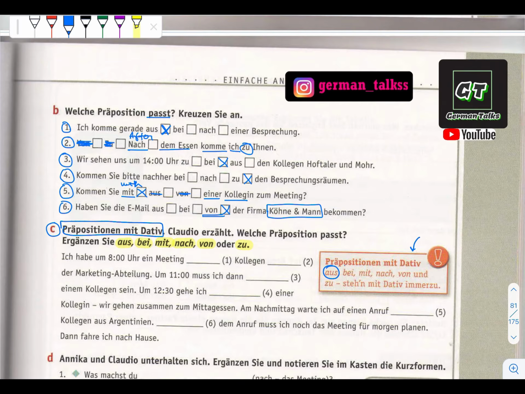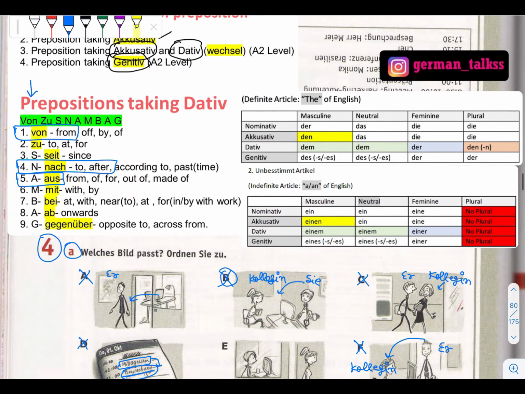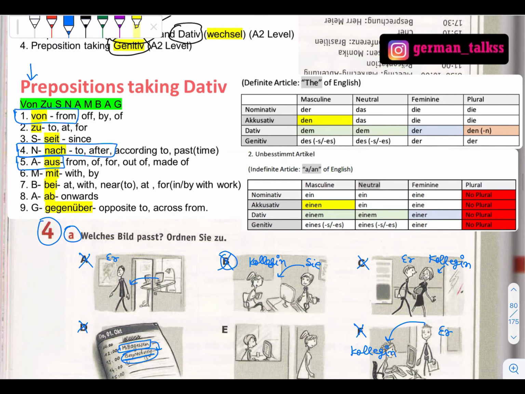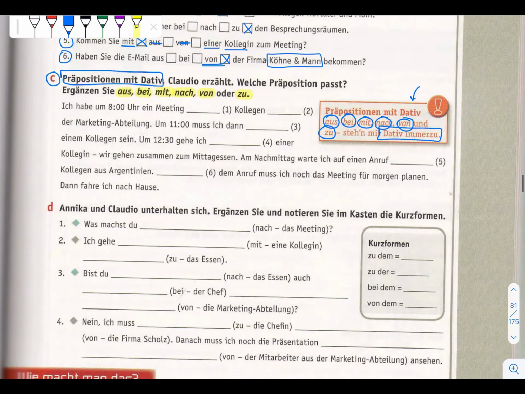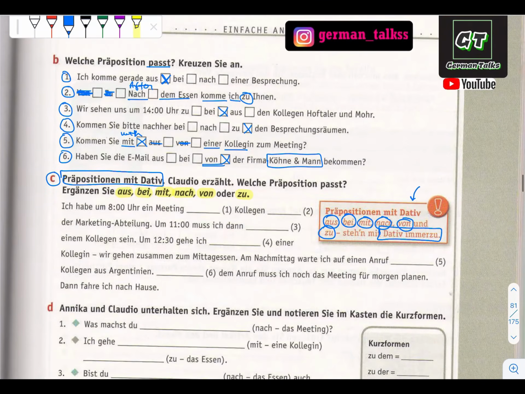They are telling that these prepositions always take dative case. That's what we wrote here. They do not include everything, but here there are more prepositions, and they always take dative case. So these both things are the same.